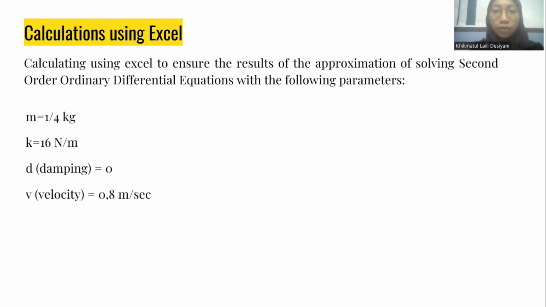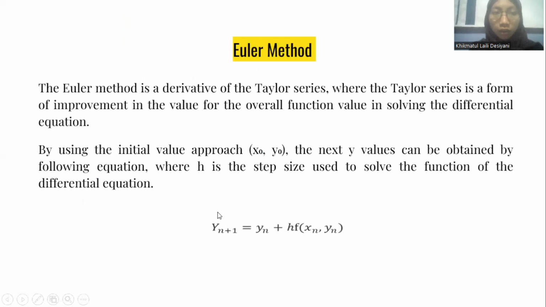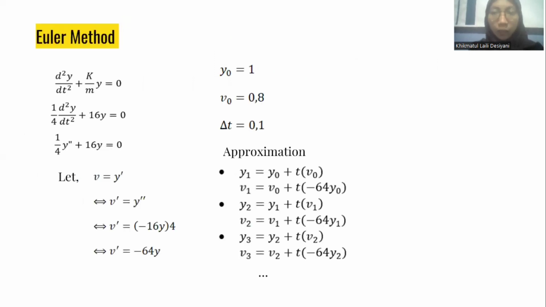Before, we did the calculation for the Euler method and the exact method, and for each method we obtained a formula that we can input to calculate the value of y in Excel. For the Euler method, we have this approximation: y1 equals y0 plus t times v0, and then v1 equals v0 plus t times the bracket of minus 64 y0.